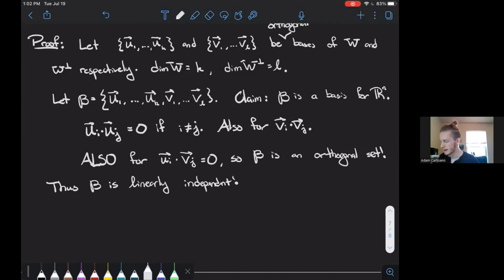How do we know that it spans Rn? Basically, from the orthogonal decomposition theorem. Let V be a vector in Rn.